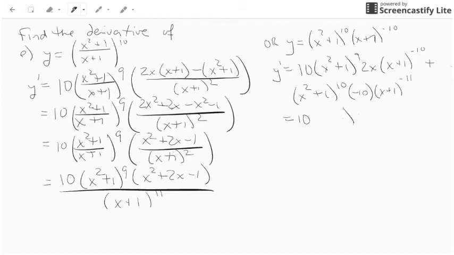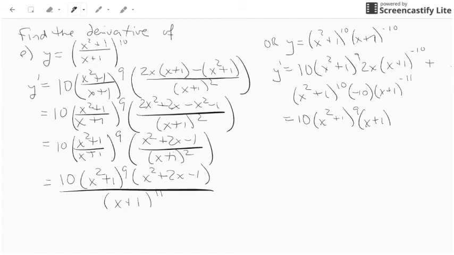Then x plus 1, and in this case, the smallest exponent is actually going to be the negative 11. So as soon as I see that factor pop up there, I will put the negative 11 on it. There it is.